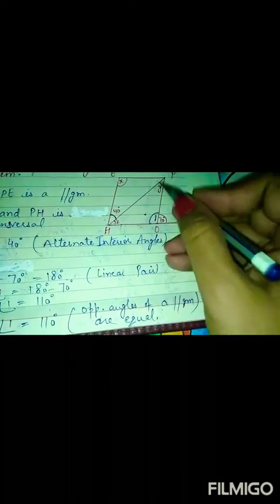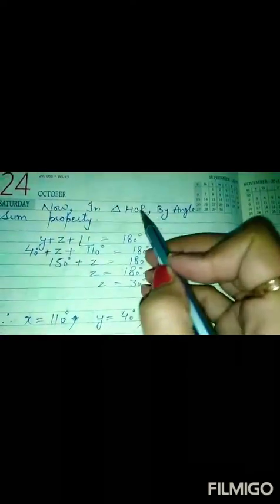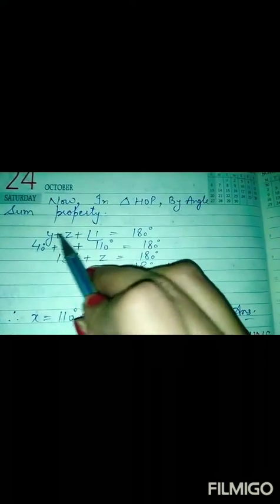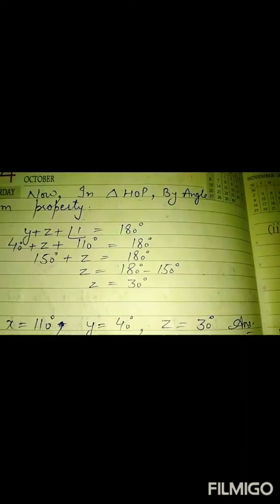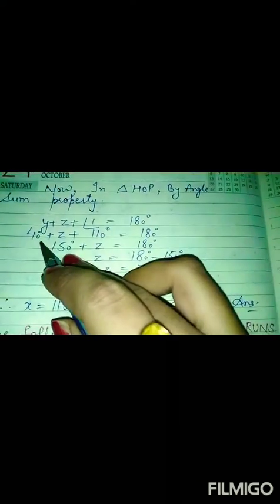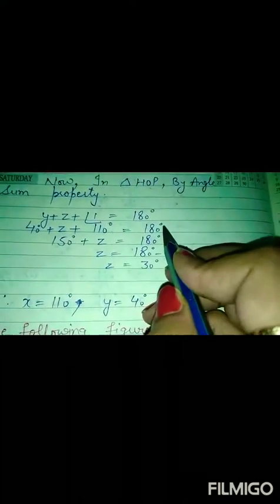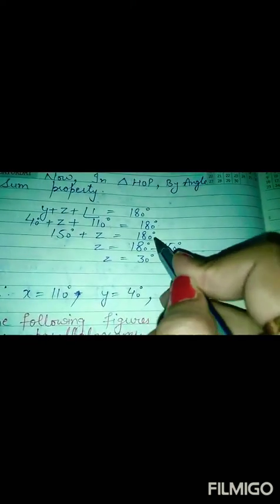By angle sum property, we will find angle Z. Now in triangle HOP by angle sum property, Y plus Z plus angle 1 equal to 180 degree. Then 40 degree plus Z plus 110 degree equal to 180 degree. 40 plus 110 becomes 150 degree, plus Z equal to 180 degree.